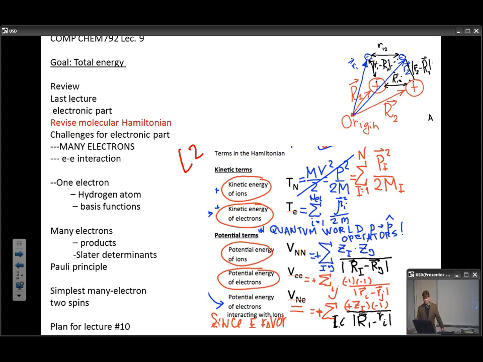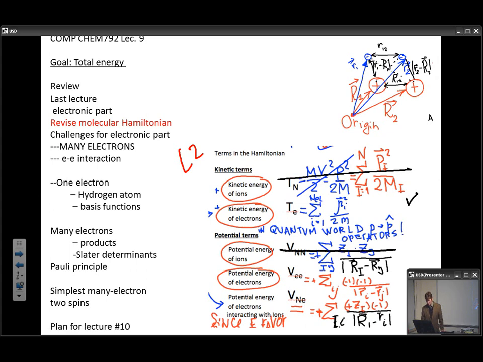We are writing down this formal stuff, the operator of energy, and we agreed several lectures ago that total energy is composed of nuclear and electronic parts. So kinetic energy of nuclei, that we do not need right now, so we are forgetting about it. Kinetic energy of electrons, that we take into consideration for today and the next 12 lectures.